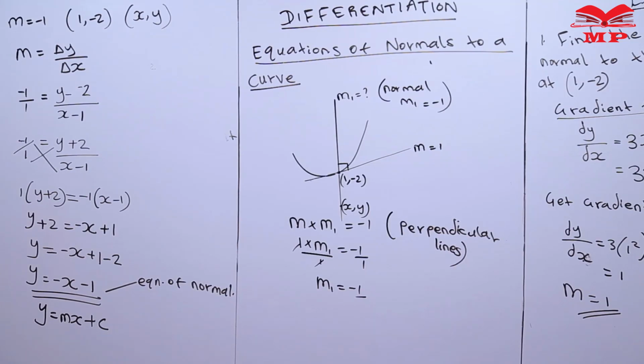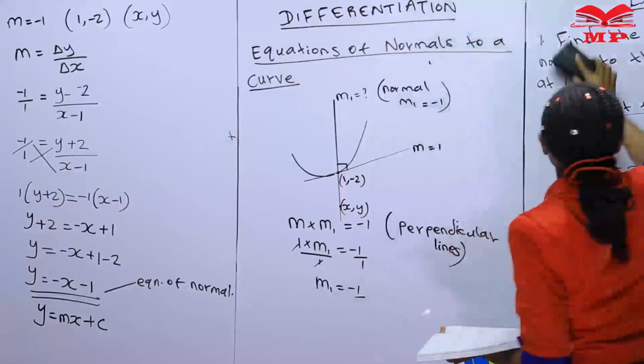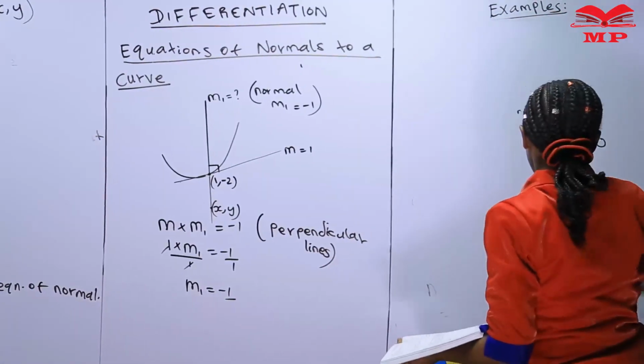We can do another example. Example 2. We are still in finding the equations of normals to a curve.